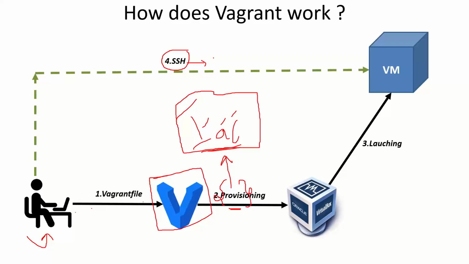SSH is a protocol that we follow to connect to Linux machines. If you're using Windows, you should use RDP. If you're provisioning a Linux machine, use SSH. Clear? I'll show you how to use SSH also.